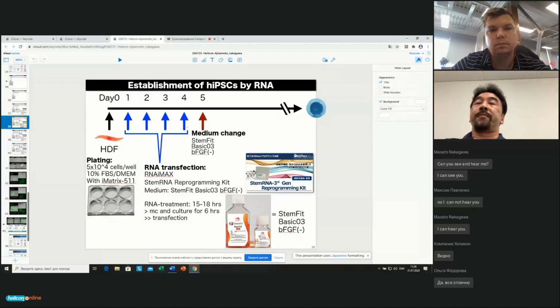Next slide, please. After 4 repeated transfections, at day 5, we change the medium to StemFit Basic 03 not containing basic FGF. Next slide, please. At day 7, we change the medium to StemFit Basic 03 containing basic FGF.